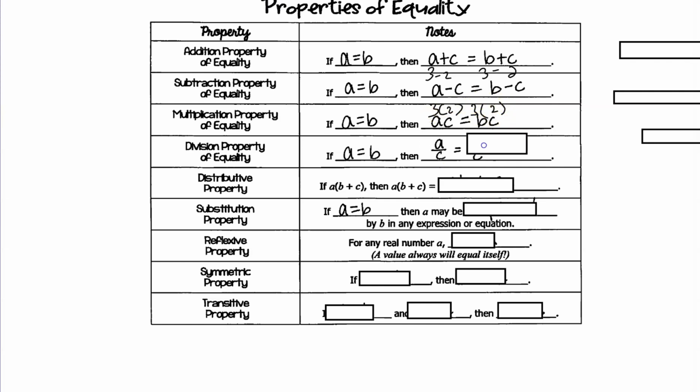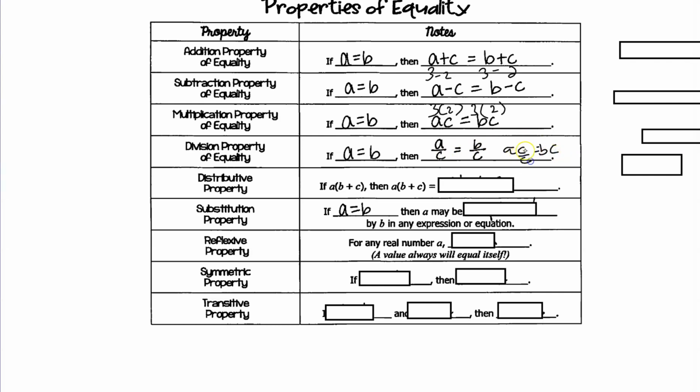Division property of equality. If A divided by C equals B divided by C, then A equals B. Basically what we can see is that if we cross multiply this, A times C would equal AC, and C times B would equal BC.